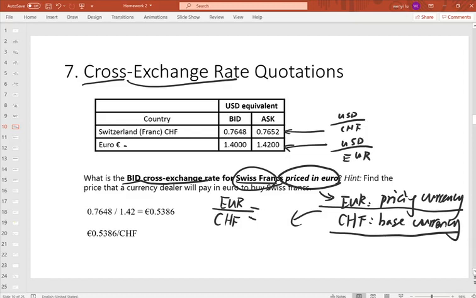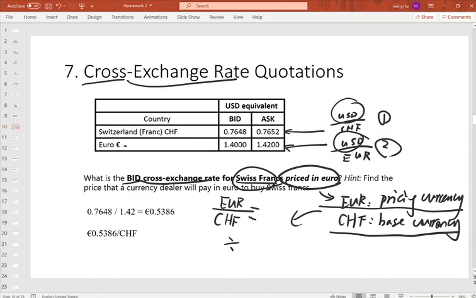If this one is 1 and this one is 2, should we use division or product? Because the US dollars are on the top for both quotes, we use division, and we can cancel these US dollars. Should it be 1/2 or 2/1?